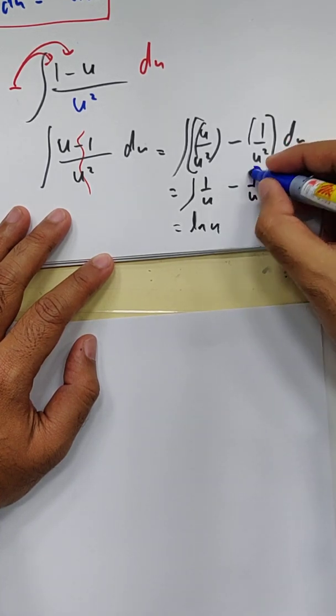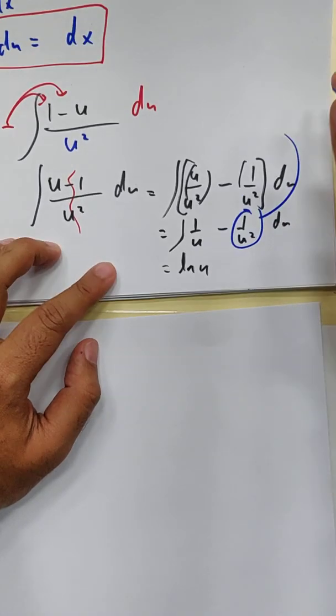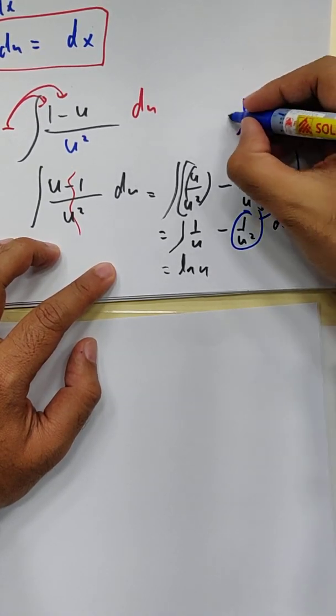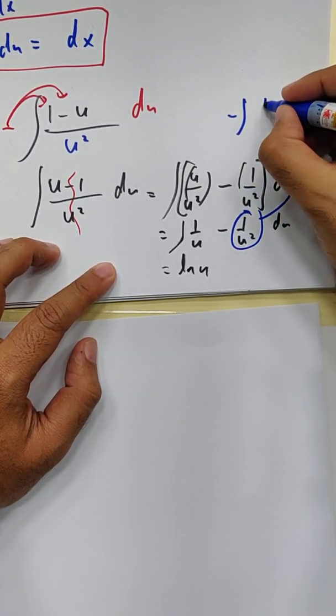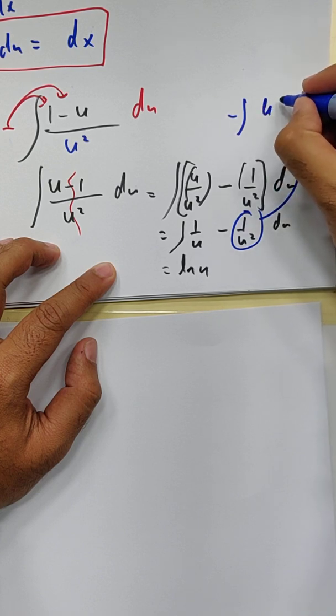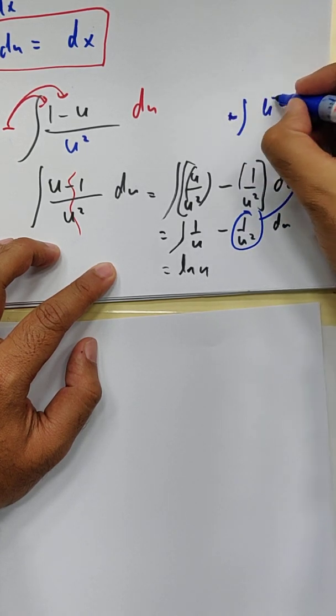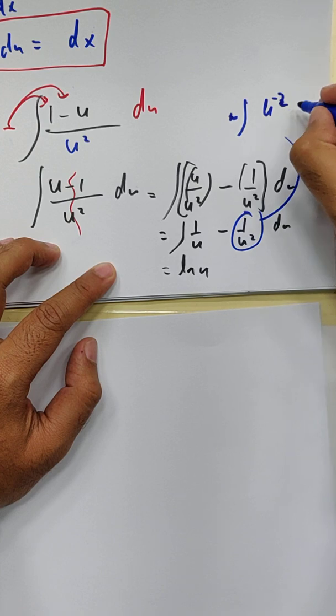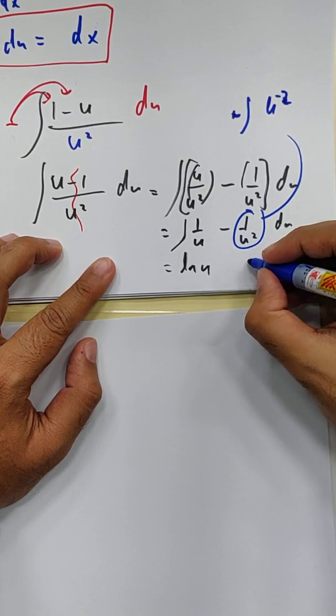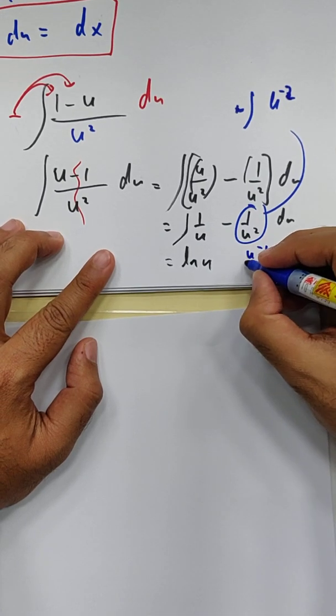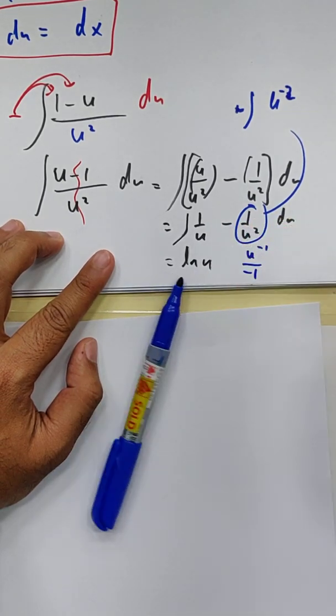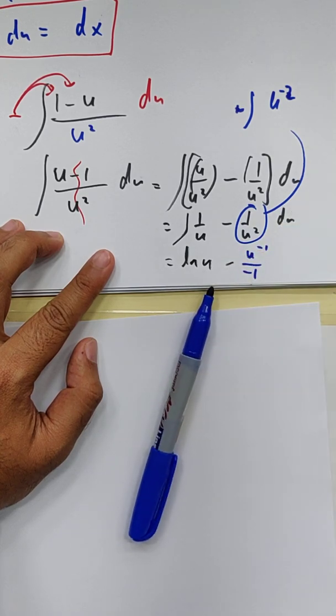I mean, let's do it separately a bit. You're integrating 1 over u squared, u negative 2. So u negative 1 over negative 1, and that is negative here, so they can cancel up.